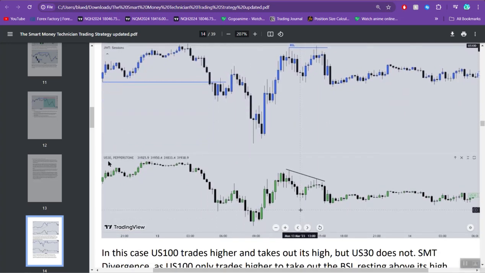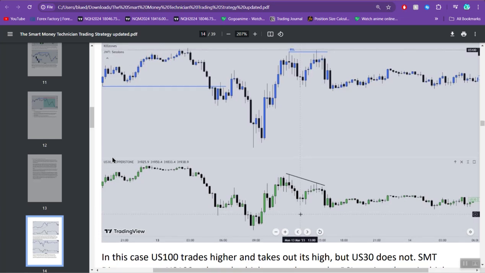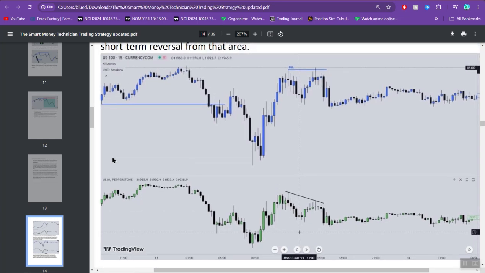So over here we can see that we have NASDAQ or US 100, and we have Dow Jones, or what they call US 30 in this broker over here. And you can see that here we were trading down. Same thing for US 30, we're trading down. Why? Because they're correlated. So as we were trading up in NASDAQ, we trade up to the point that we take out the buy side liquidity over here.